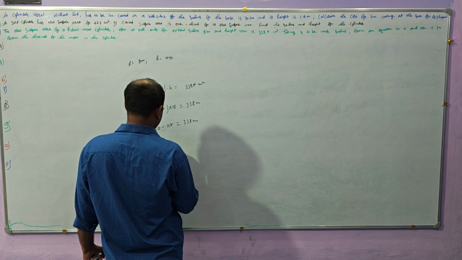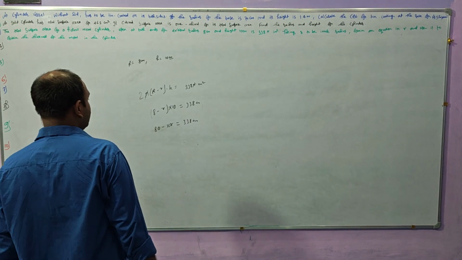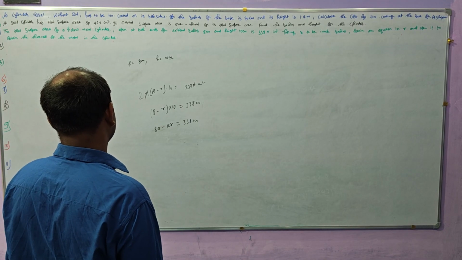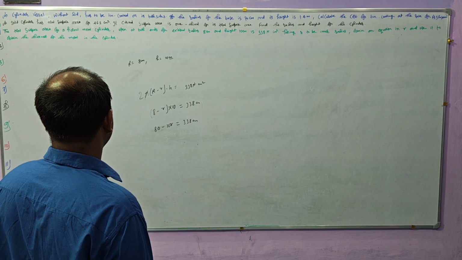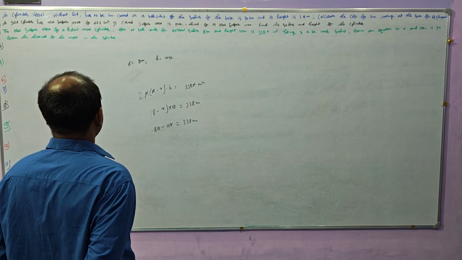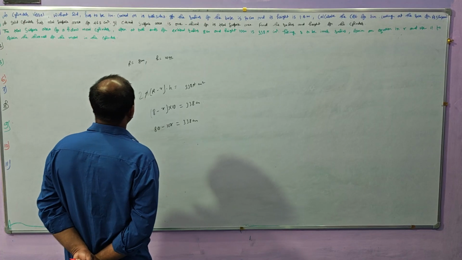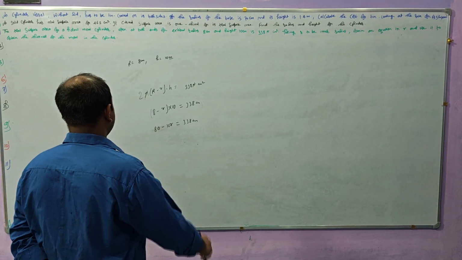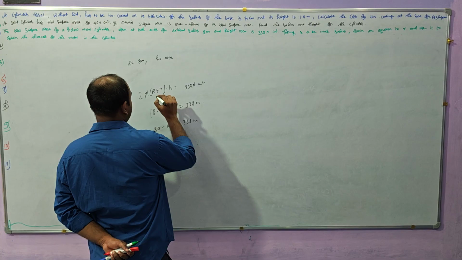So we can say surface area that becomes 2 pi (R plus r).